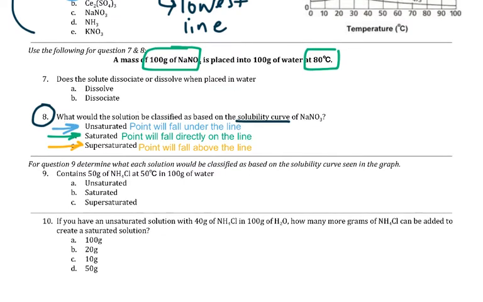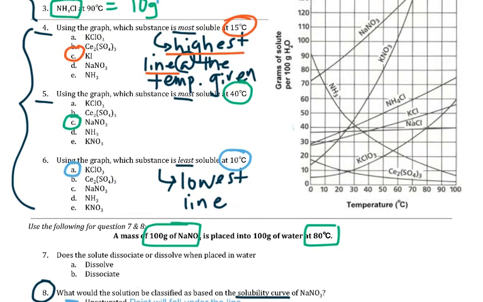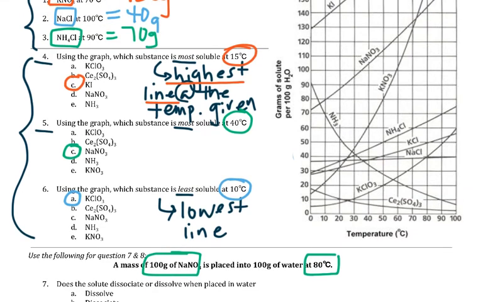So going up to our graph here, keeping in mind the points, 80 degrees is our temperature, so we're here with 100 grams of our sodium nitrate. Here's the line for sodium nitrate, and here is our 100.